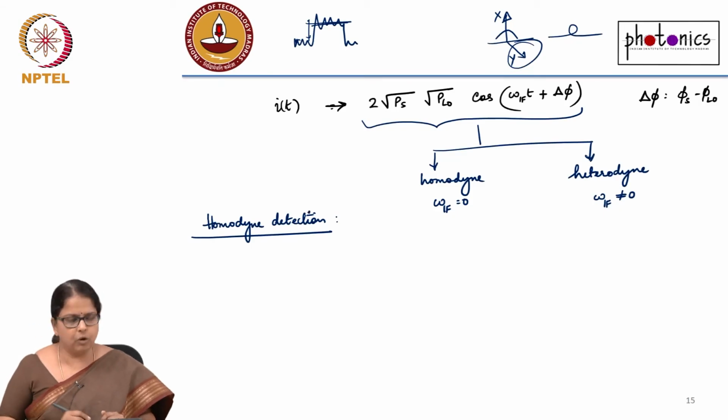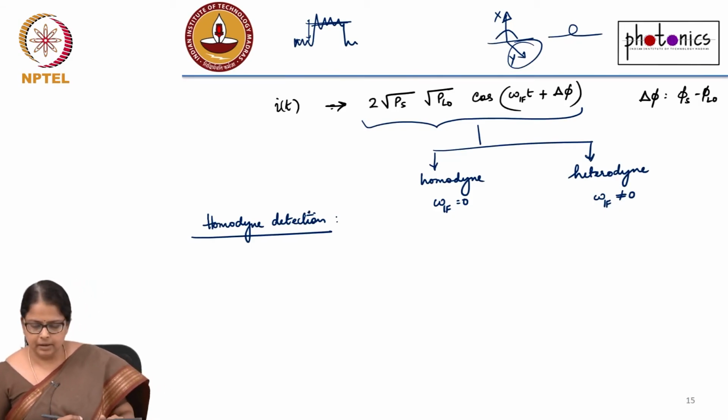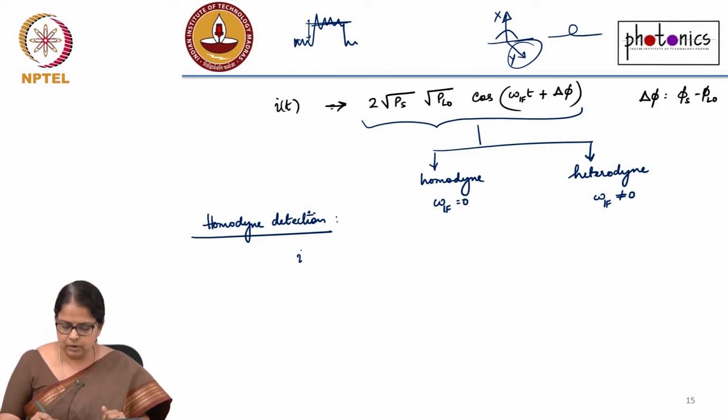So let's get back to homodyne detection. Omega IF is equal to 0. So I of t is equal to, again I am just saying, root of Ps root PLO cos of delta phi.